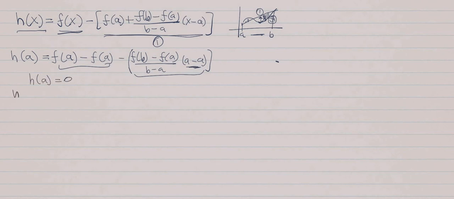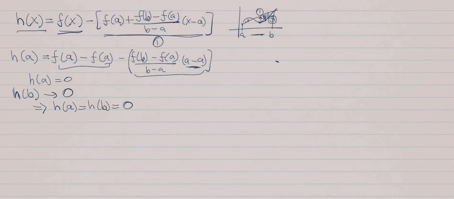And similarly you can evaluate h of b, and h of b will also turn out to be 0. So this implies that h of a is equal to h of b is equal to 0. So the value of h of x at the endpoints a and b is equal to 0. And now let's take the derivative of h of x.